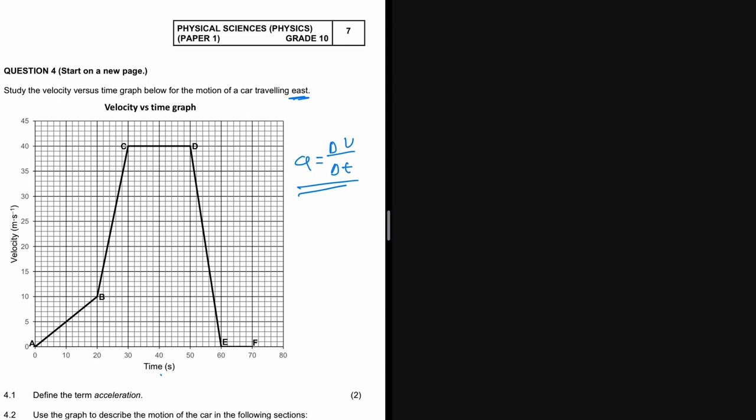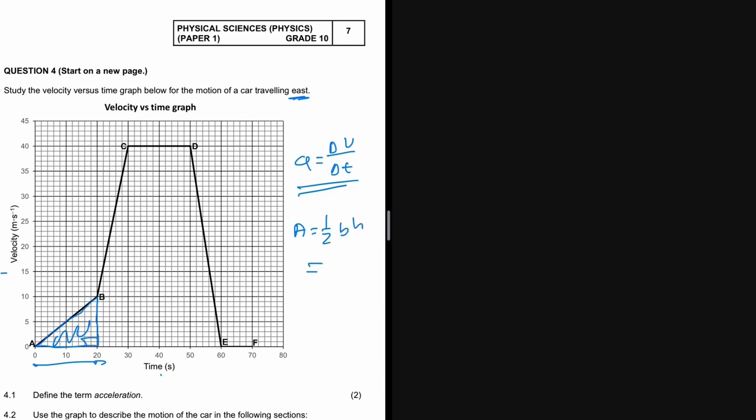Now, let's say we wanted to determine the displacement. To determine the displacement on a velocity time graph, you calculate the area under the curve. So let's say we have this part here and that part here. We can get the position from A to B by calculating the area under the curve. The area of this shape is a triangle, so the area will be 1 over 2 base times height.